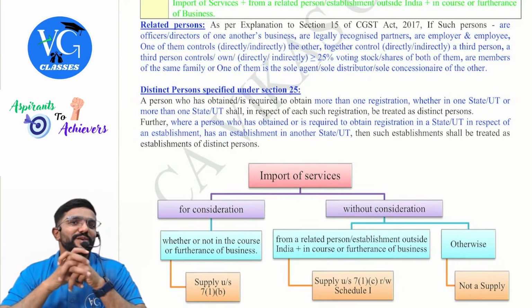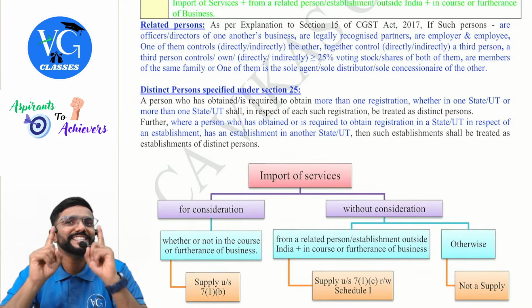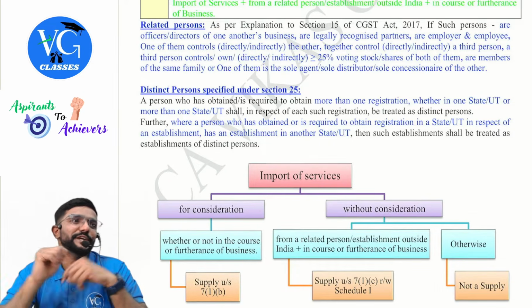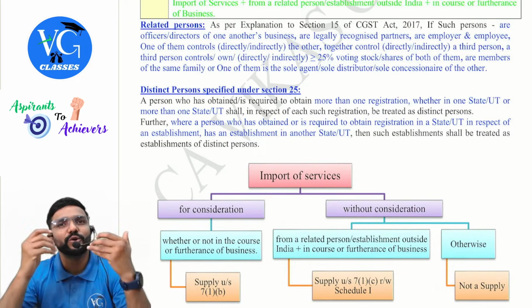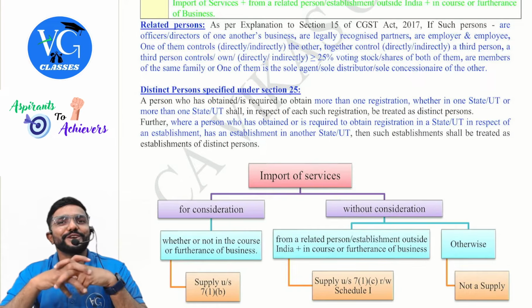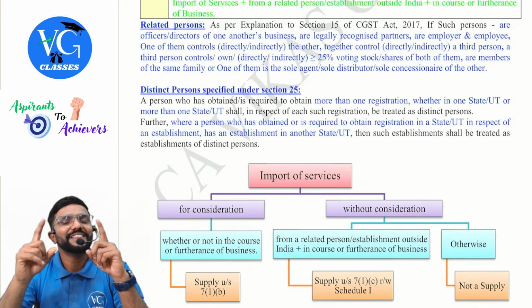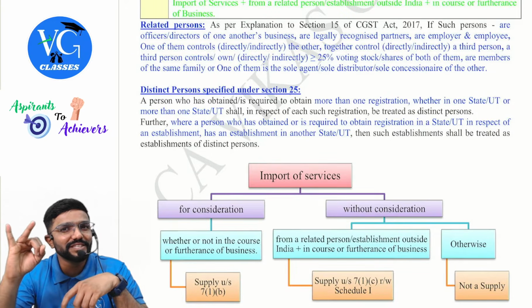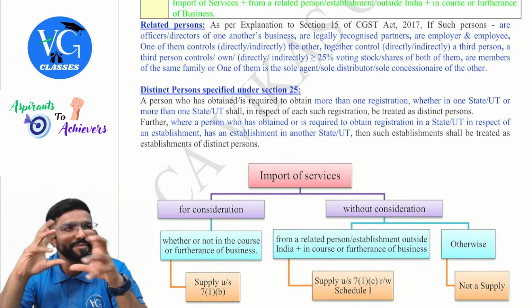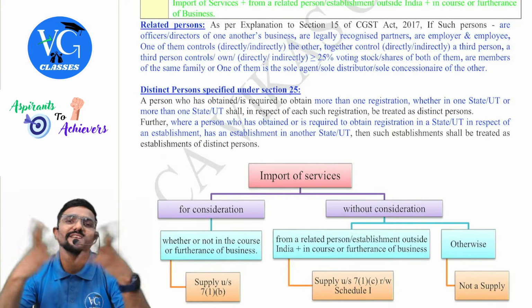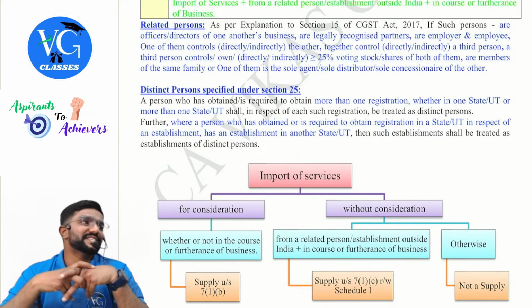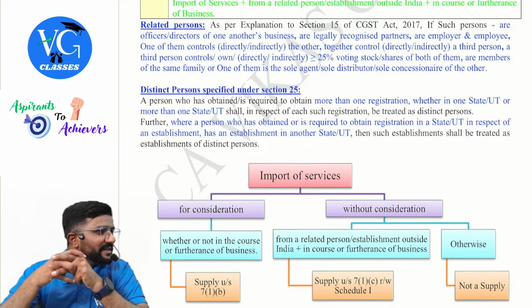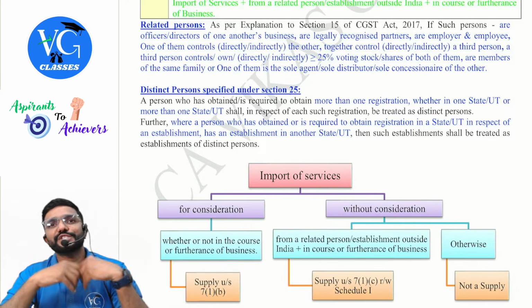Yes, optional for you. But if you take, each registration will be treated as a distinct person. If you're ready for it, go for it. Why so? Because if you take registration, then payment of GST is registration-wise, and filing of returns is registration-wise. And if there is any movement of goods between these distinct persons, it will become a supply, even without consideration.